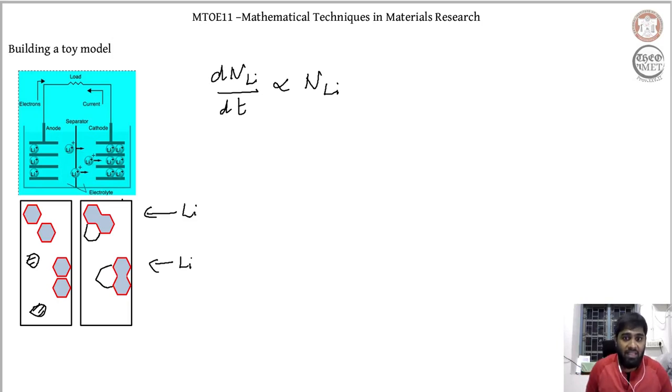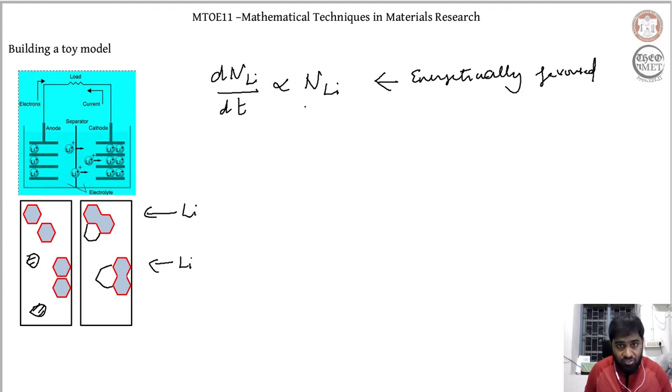So the energetically favored charging approach would have to satisfy this expression here. When you have an energetically favored accommodation of lithium ions in your electrodes, this is the relation that ensures it. The rate at which the lithium ions get accommodated depends on the pre-existing number of lithium ions.